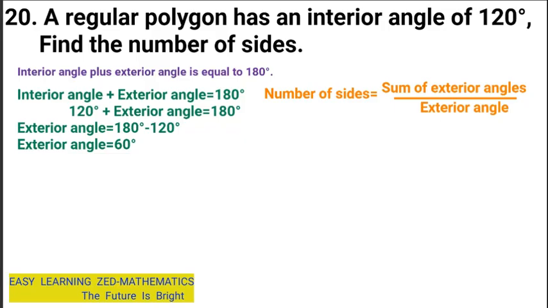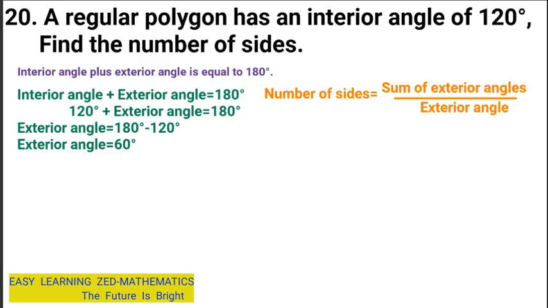One polygon can have three exterior angles, and another can have 20 exterior angles. Their sum will be 360 degrees. That is the fact you have to know.